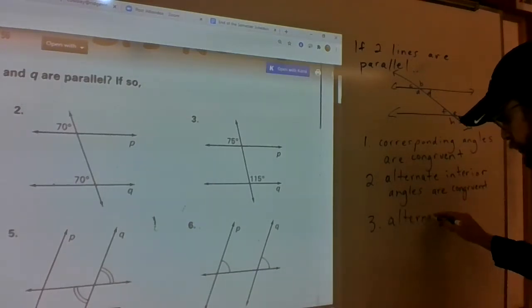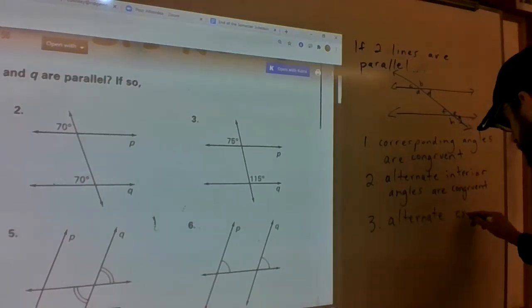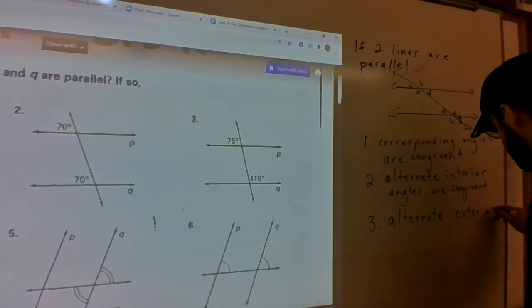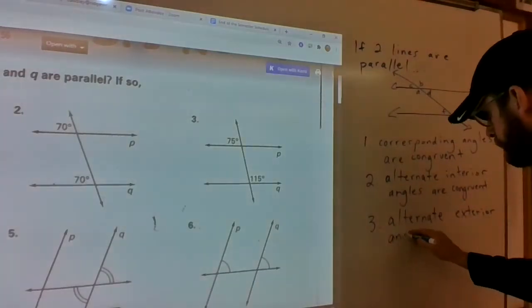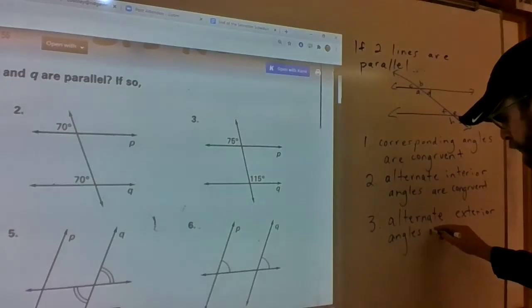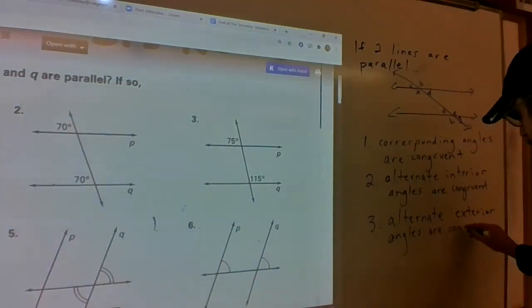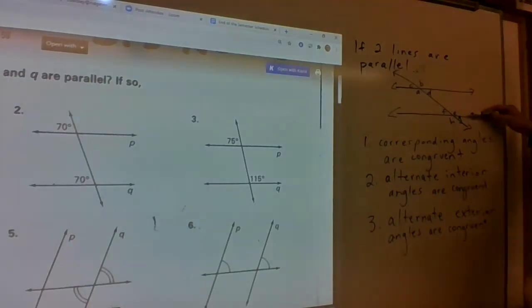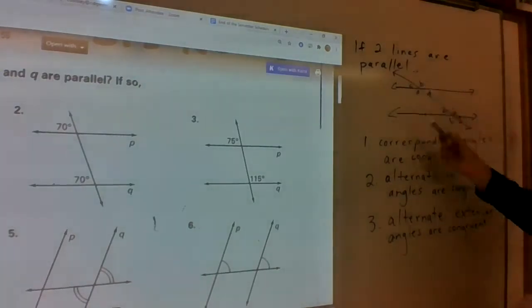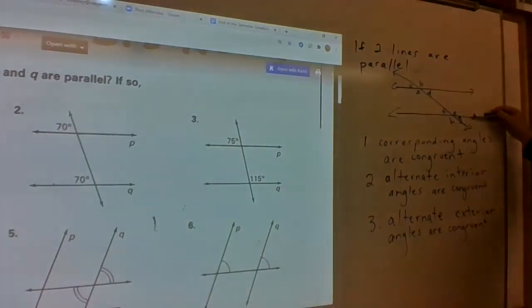You've also got alternate exterior angles. They're the outside ones. And they're congruent as well. So think of the angles that are outside of the parallel lines. C, B, H, G. Those are angles that are outside of the lines.